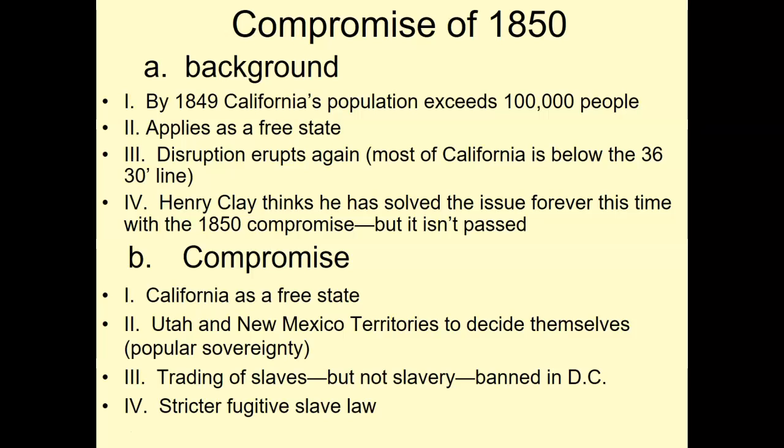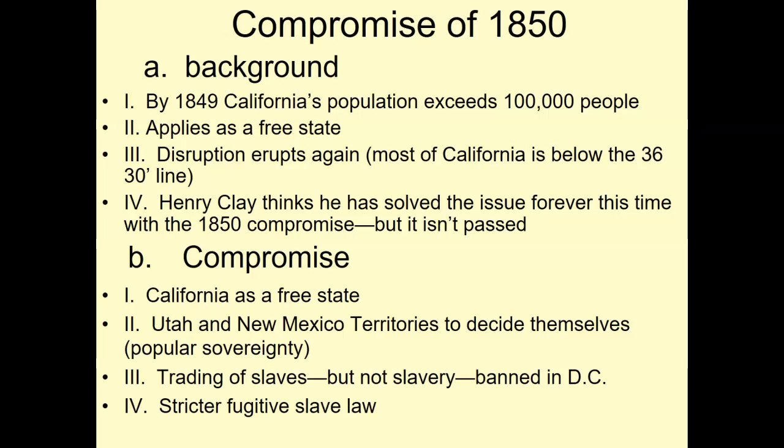All right, if you look at those first 3, it looks like the South didn't get anything, right? I mean, in fact, they're the big losers, it looks like, right? California is going to come in as a free state, which means the balance of power is going to be upset. Utah and New Mexico get to decide for themselves. That's popular sovereignty. They could lose there, okay? They've lost the ability to buy and sell slaves in Washington, D.C., which is minor, but it still is a limitation on slavery.